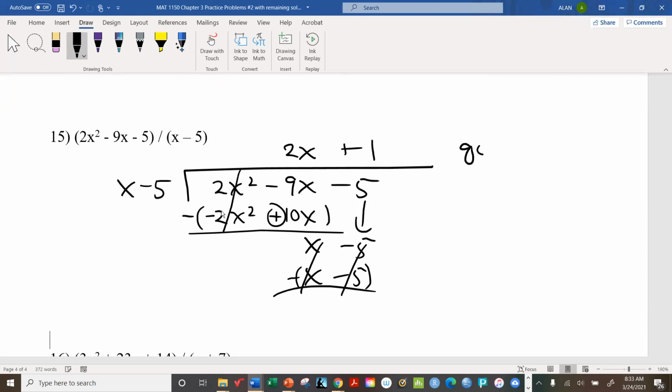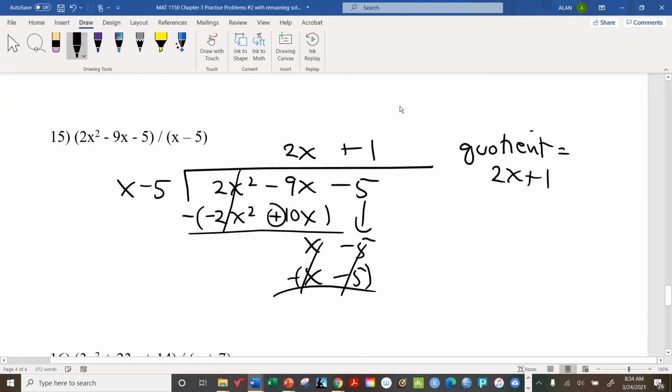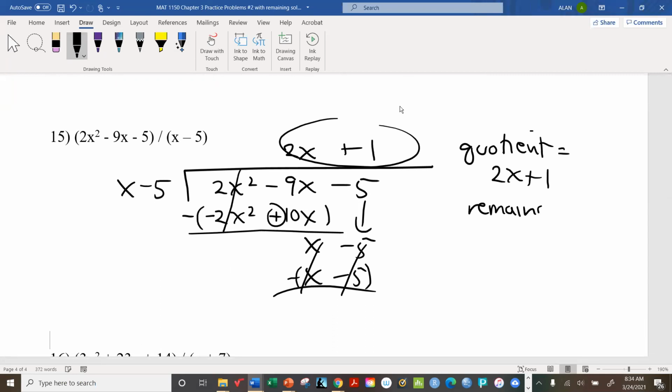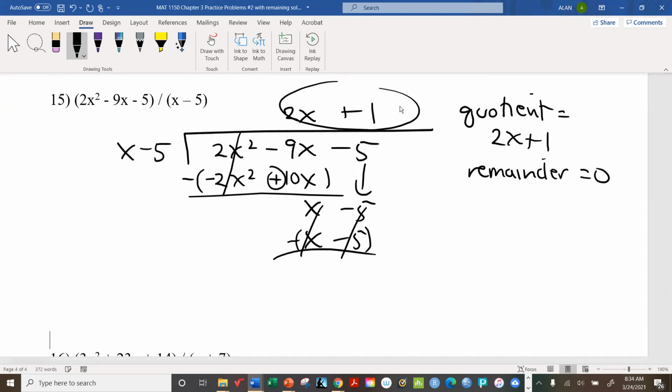So the quotient is 2x plus 1, and the remainder is 0. So what that means then is that this expression just equals 2x plus 1.